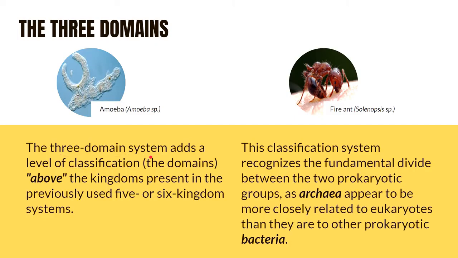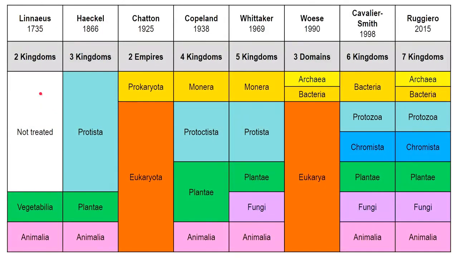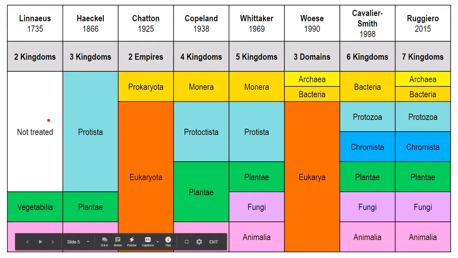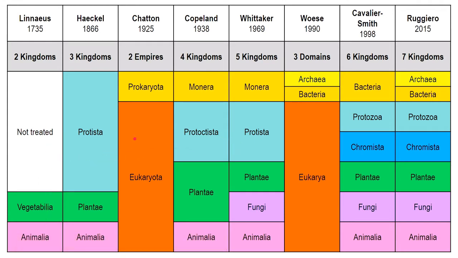The three-domain system adds a level of classification above the kingdoms present in the previously used 5 or 6 kingdom systems. So if you still remember our lesson, we've talked about what are the changes in the classification of living things we have seen over time.